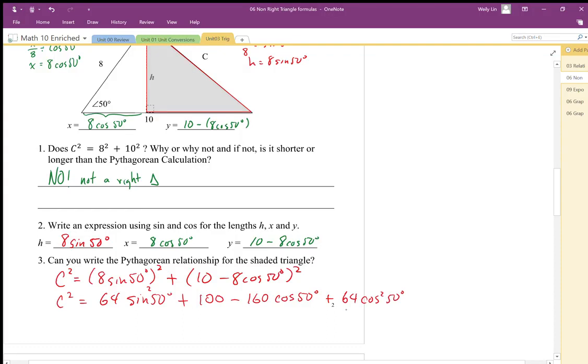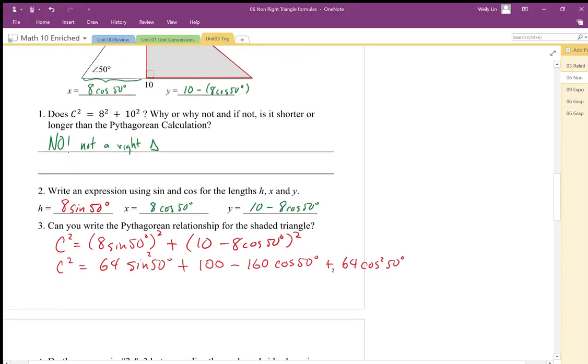And there is some stuff here that I can work with. I can group together these two terms, and there's lots of things I can do. I can just basically calculate this out if I wanted to, and this would then allow me to solve for the length of C.